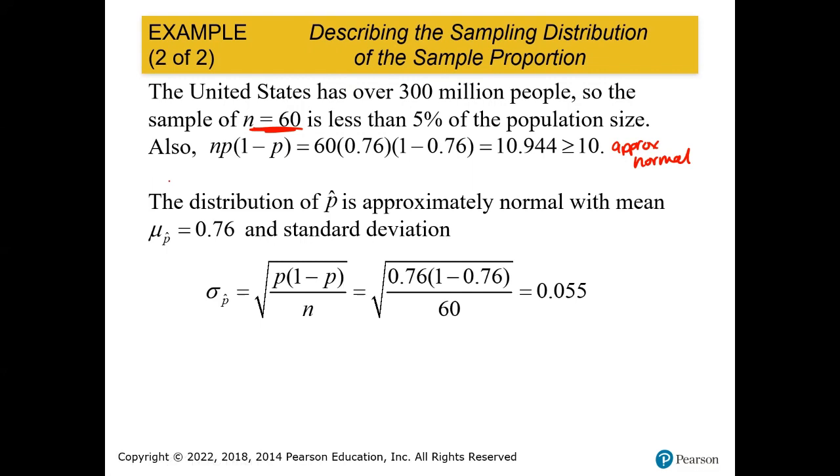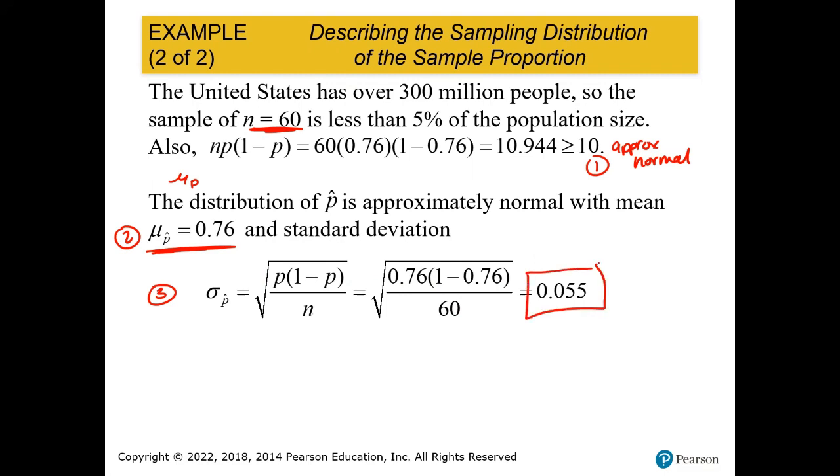We know that our mu p hat here is 0.76 because the mean of the sampling distribution is equivalent to our population proportion. So here's step 1, here's step 2, and then step 3 is to get the standard deviation. We're going to use our formula here. P is 0.76, so 0.76 times the quantity 1 minus 0.76, all divided by 60, and then take that answer and square root it.